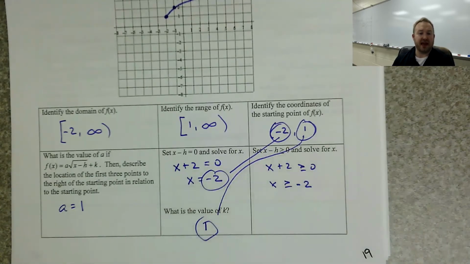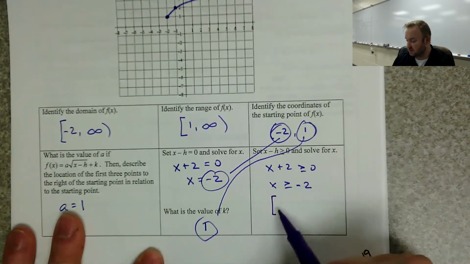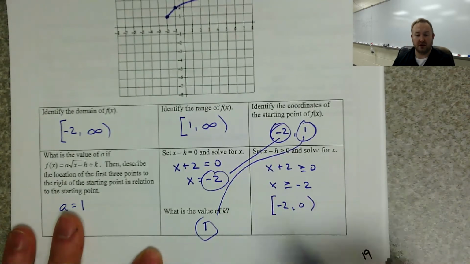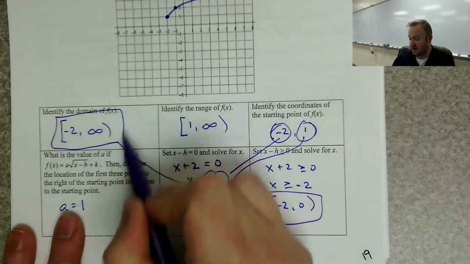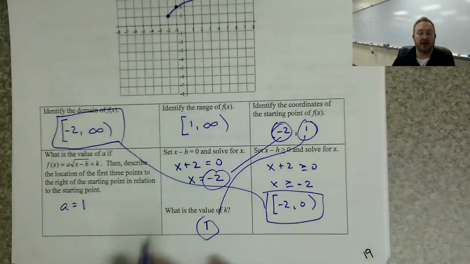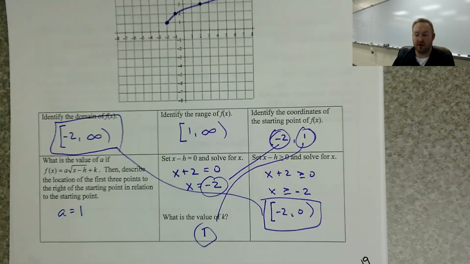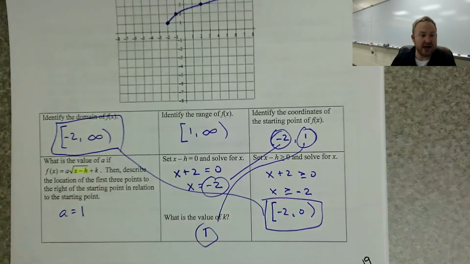Making x minus h greater than or equal to 0 and solving it, notice if I write that inequality in interval notation, this will always be exactly the same as your domain. Now let me discuss that a little bit. Why did we set x minus h greater than or equal to 0? Well, that's because x minus h is the quantity that's underneath the square root.